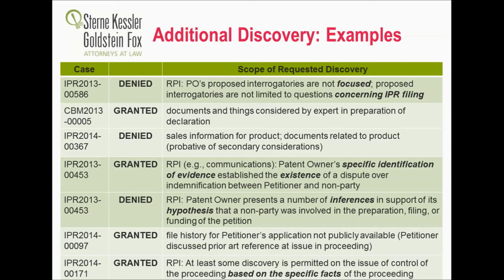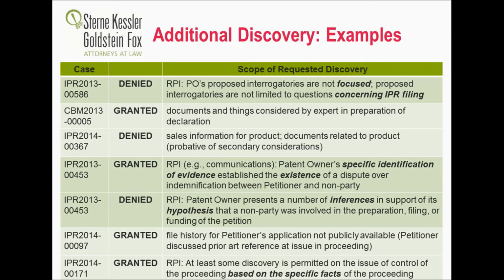The board found that their interrogatories were not focused and they went beyond just trying to figure out issues related to the filing. Now, in a CBM, which is a lower standard, the board allowed discovery of the documents and things considered by the expert in preparing the declaration. So that's one thing you can ask for if it hasn't been provided.